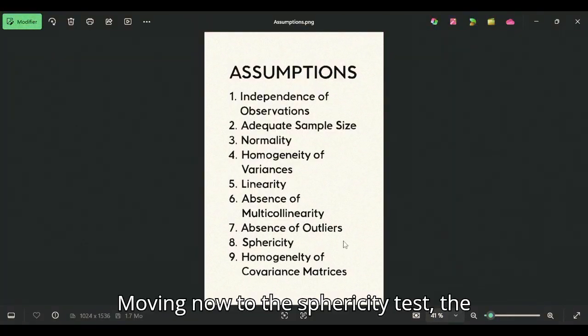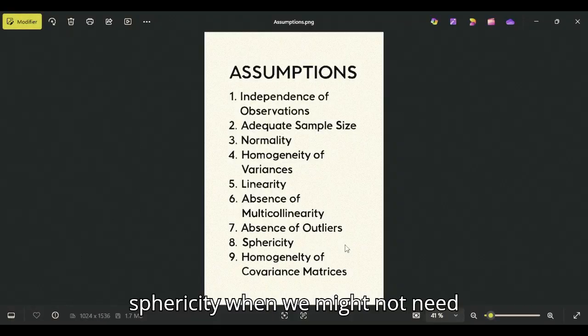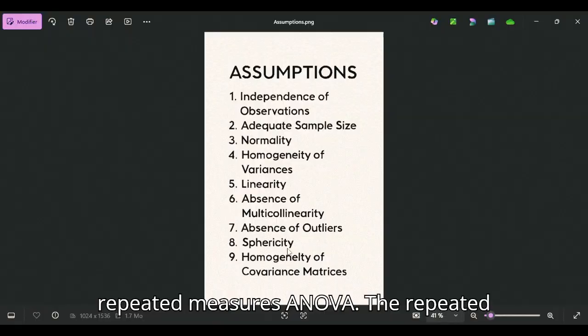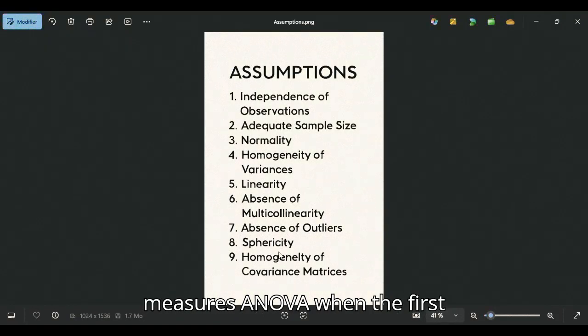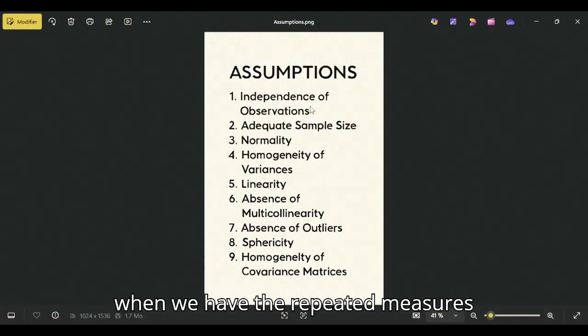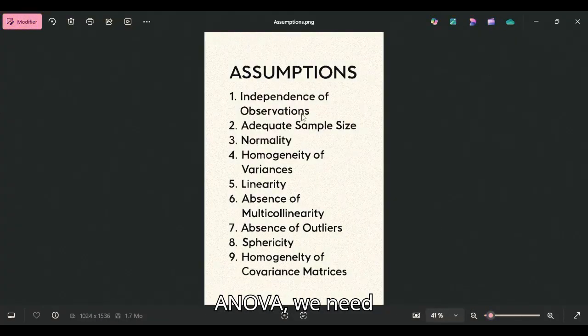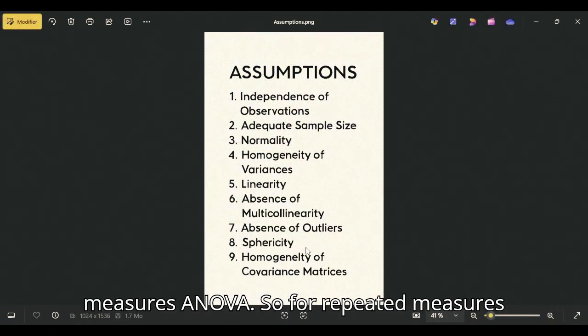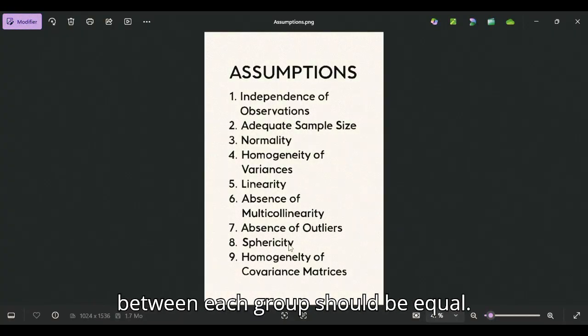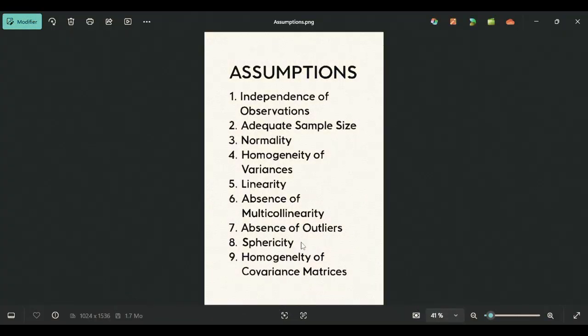Moving now to the sphericity test. Sphericity is needed when we compute a repeated measures ANOVA. When we have repeated measures, instead of using the ANOVA test, we need to use the repeated measures ANOVA. For repeated measures tests, the variance of the differences between each group should be equal.